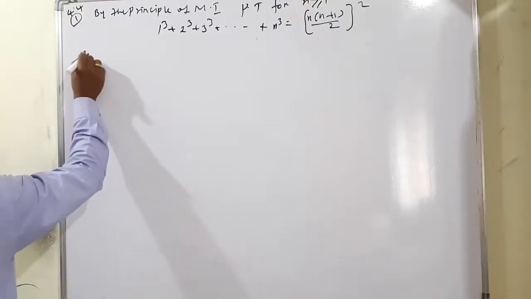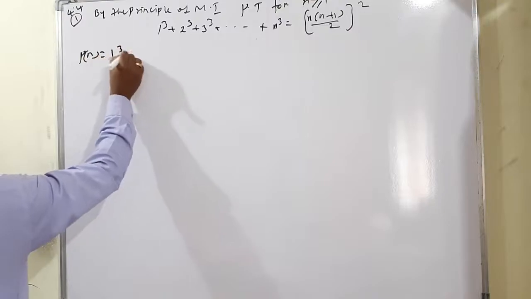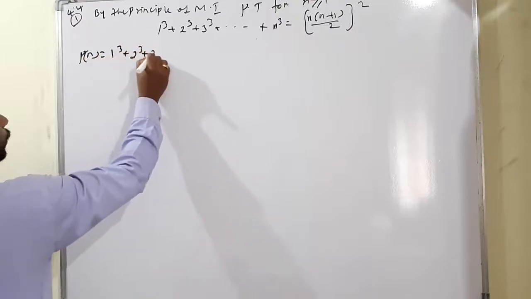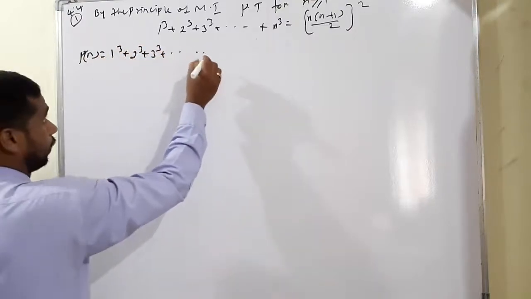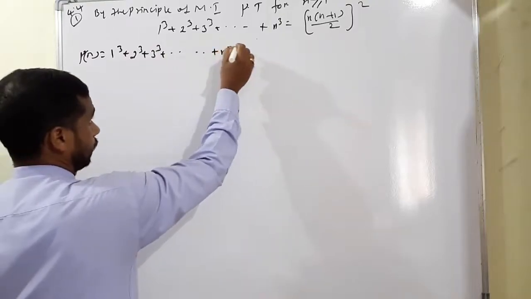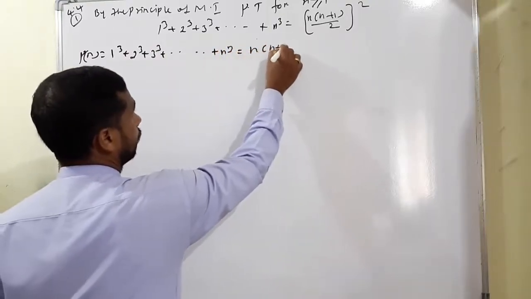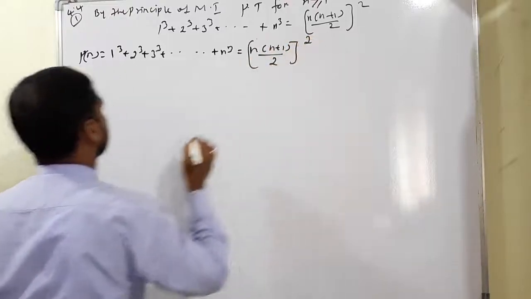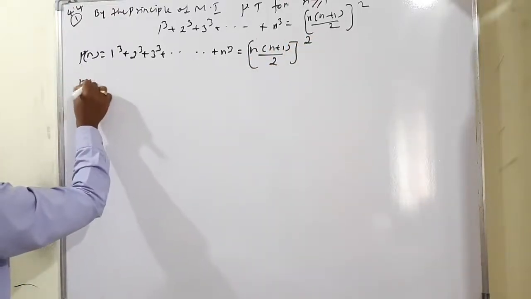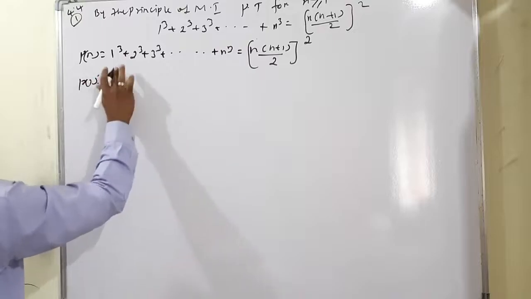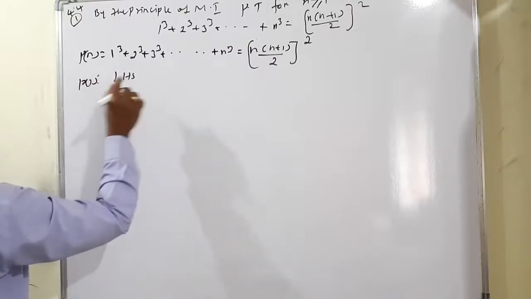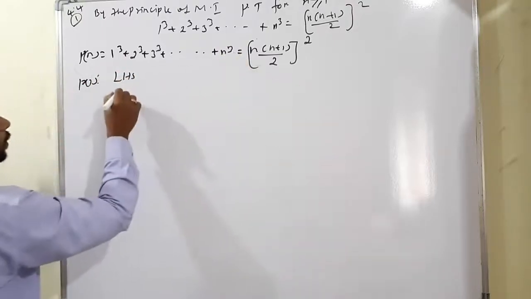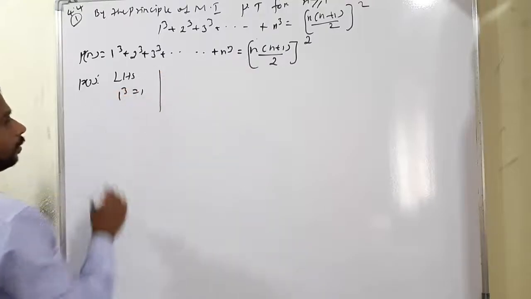Consider P of n is equal to 1 cube plus 2 cube plus 3 cube plus dot dot dot plus n cube is equal to n into (n plus 1) by 2, the whole square. Instead of n, take P of 1. LHS: n cube means 1 cube, the value is 1.